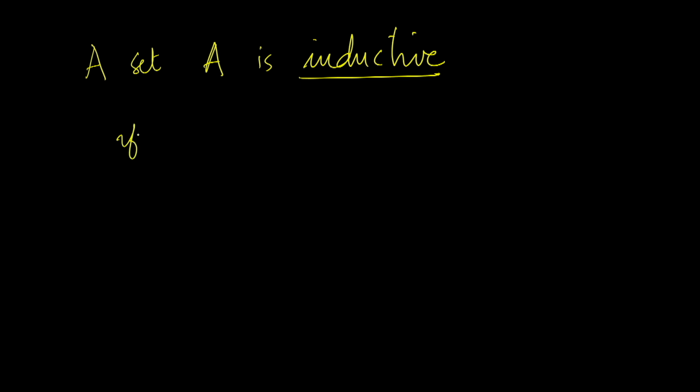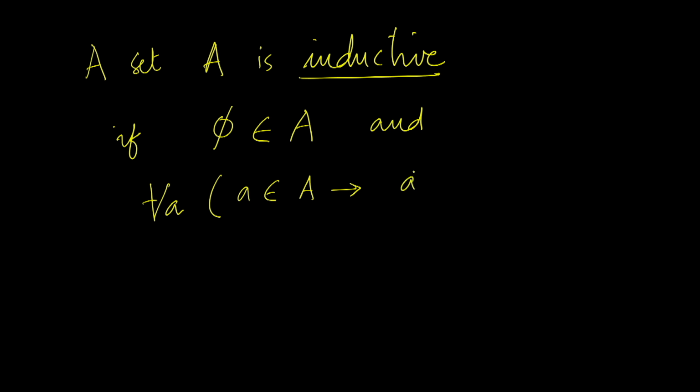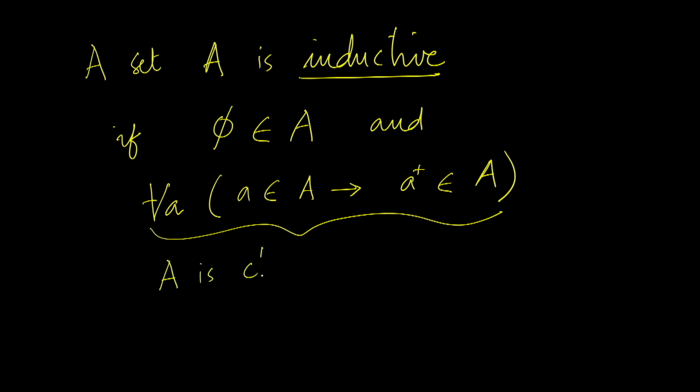And then we say a set A is inductive if the empty set belongs to A, and for every small a belonging to A implies that the successor of small a also belongs to A. For every small a belongs to capital A implies that a plus also belongs to capital A. That is, the successor of small a also belongs to capital A. In other words, A is closed under the successor operator.